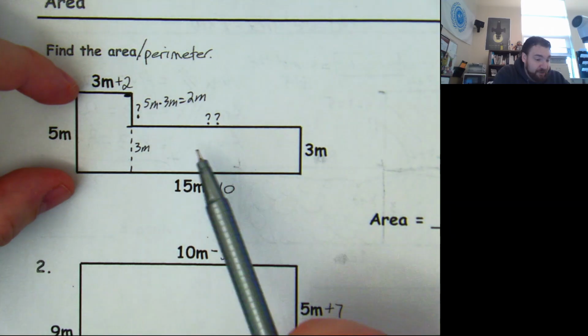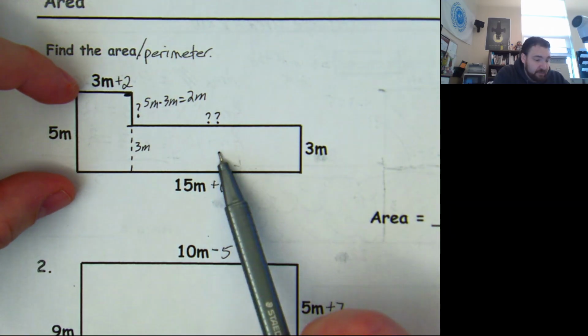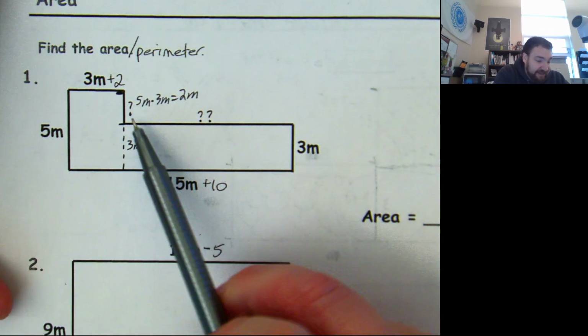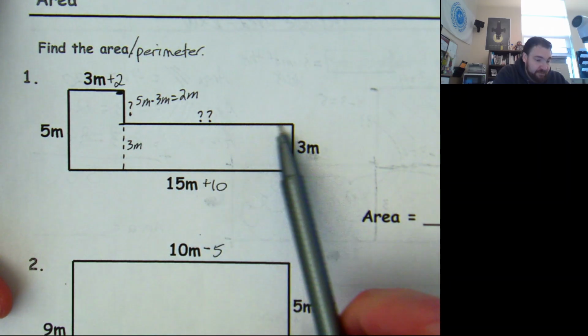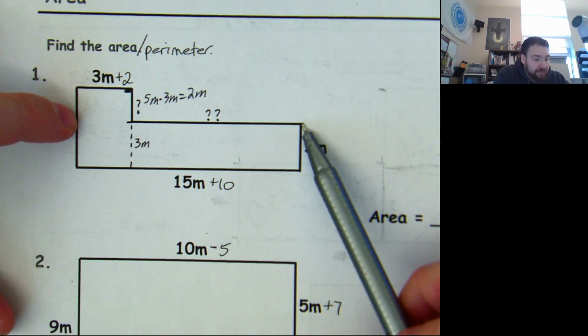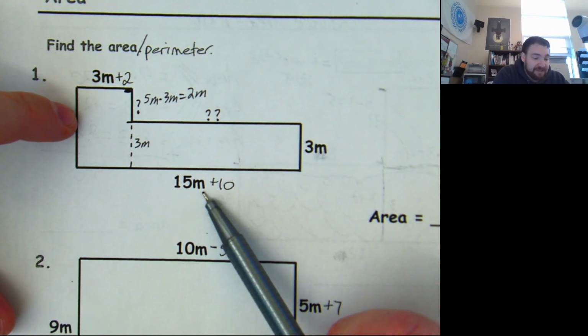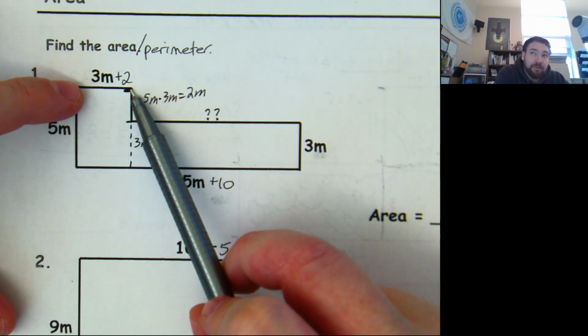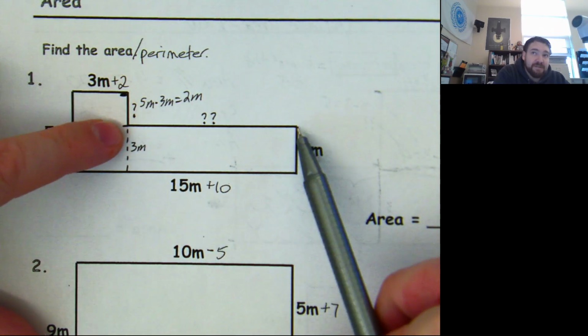And now I'll do something similar with this guy down here. If I'm going to find perimeter and area, I need to find this side length here. Well, we know the total distance from here to here is 15m plus 10. And we know the distance from here to here is 3m plus 2. So how am I going to find this piece?